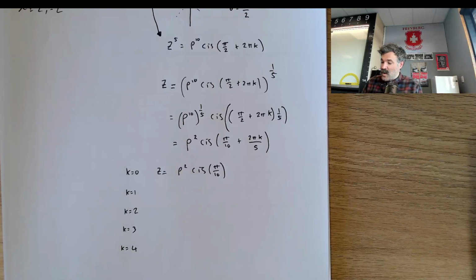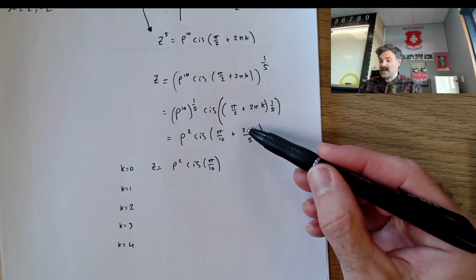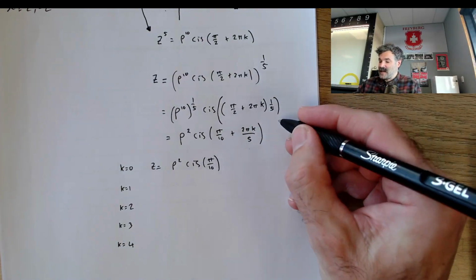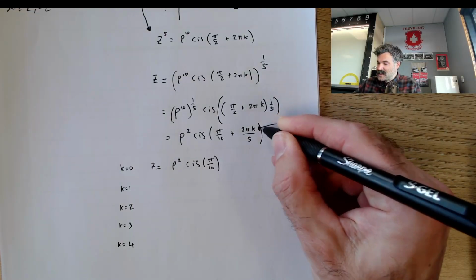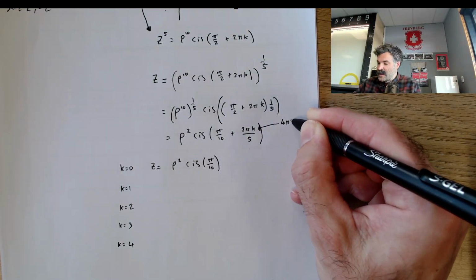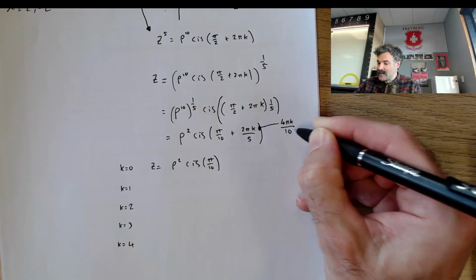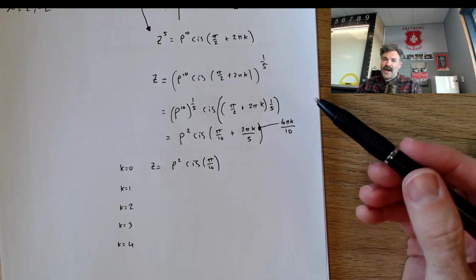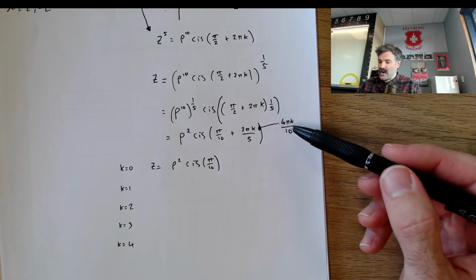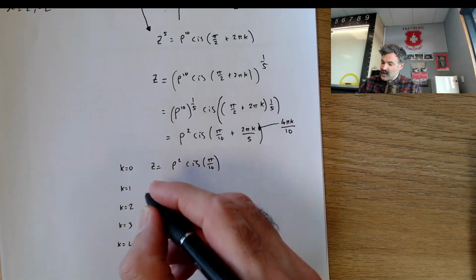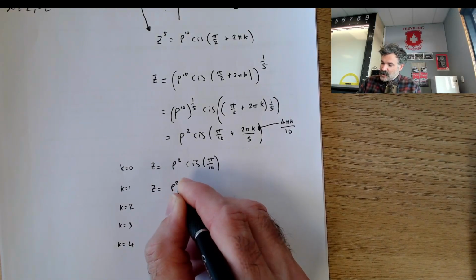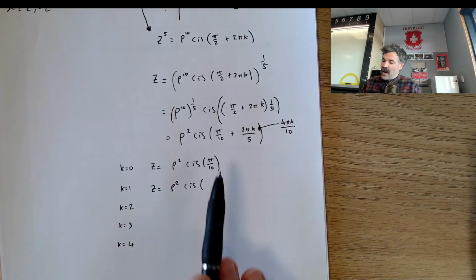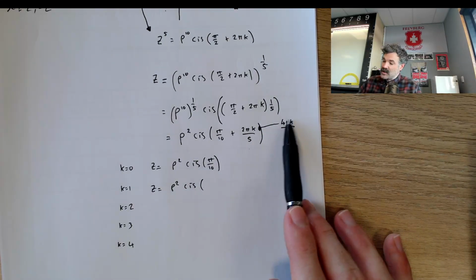When k equals 1, I'm getting pi over 10 plus 2 pi over 5. This, to make our life easier, could be written as 4 pi k over 10, just doubling top and bottom. And now I'm just adding on amounts of 4 pi over 10 onto pi over 10. So this one's going to be z is equal to p squared cis of pi over 10 plus 1 lot of 4 pi over 10.